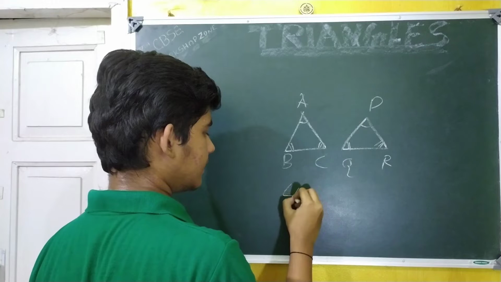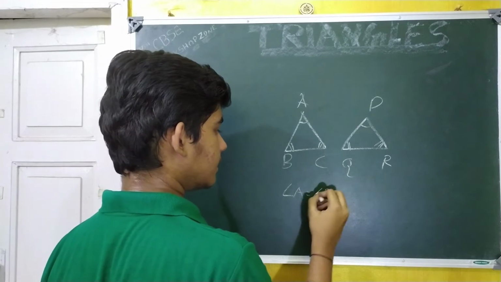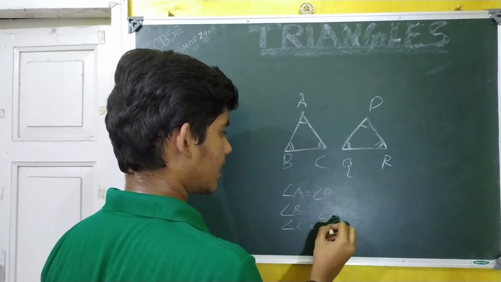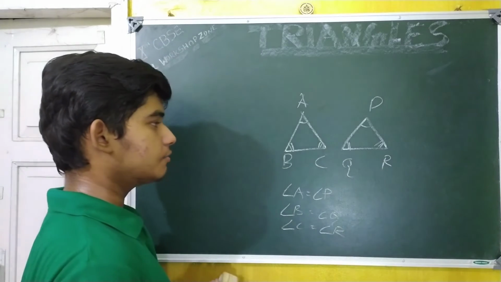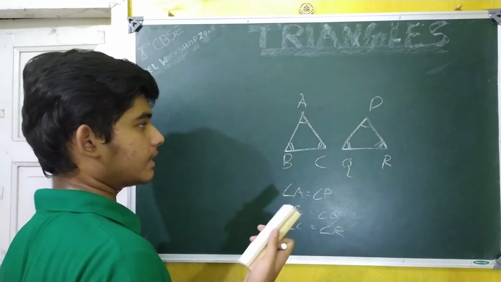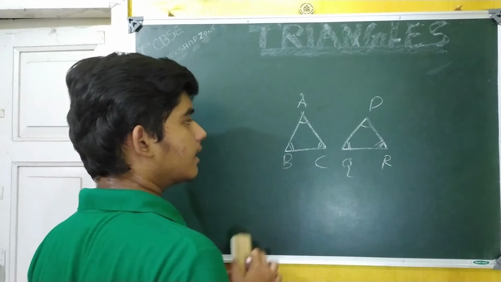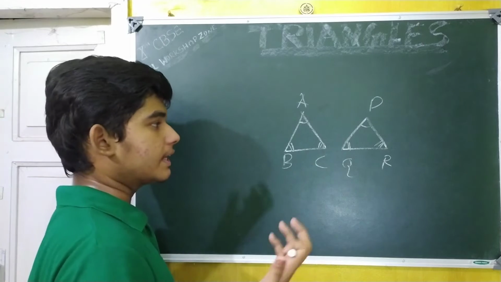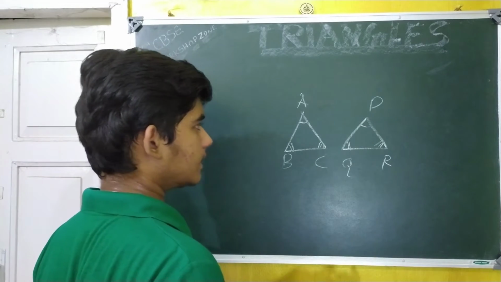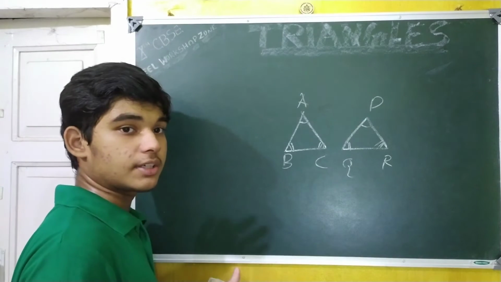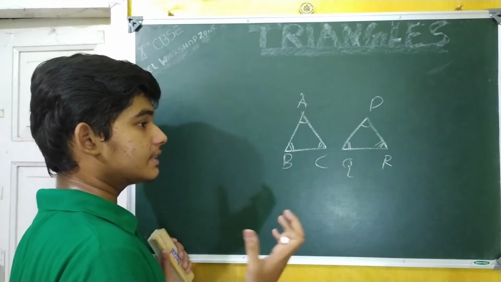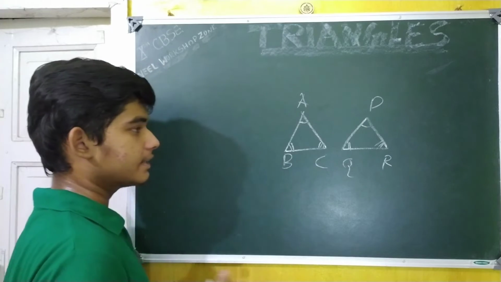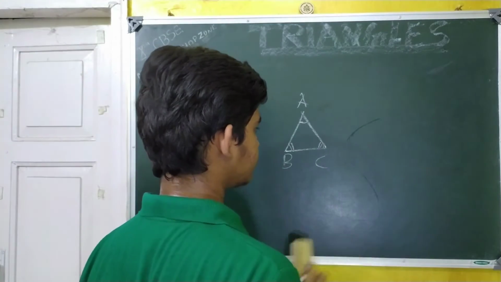So this is the first similarity criterion, where both of those figures must have equal corresponding angles. The next one is that both of these figures must also have corresponding sides which are in the same ratio or proportion. So for example, let me take another example.